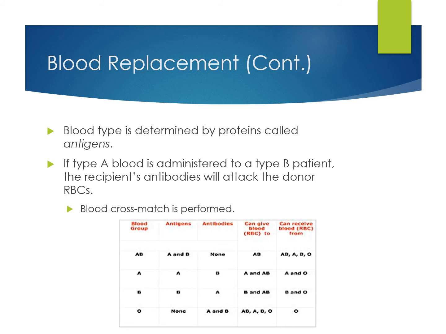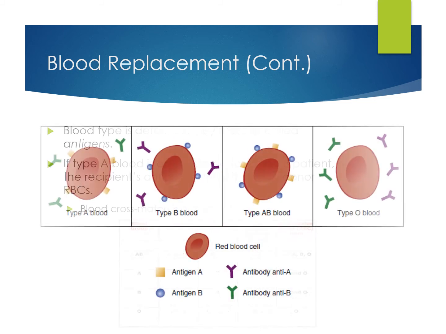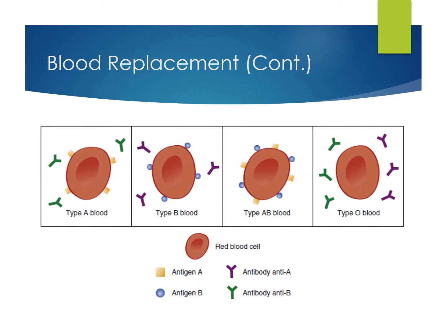Type O can give to anybody, and type AB can receive from anybody. This just shows you the antigens and antibodies on each type of blood, so it shows you specifics a little more if you want to dive into that, but you don't have to.